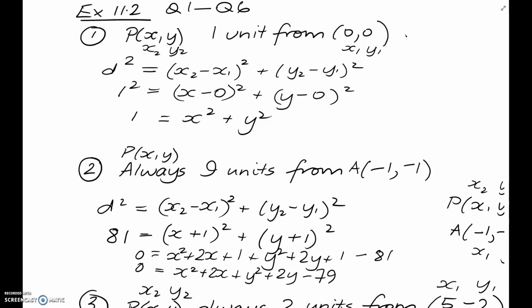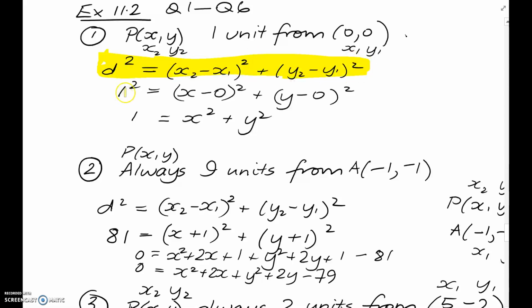Okay, so here's a little bit from exercise 11.2. In question 1, we need to find the locus of P, which is always 1 unit from 0, 0. So if that's talking about a distance, I'm using my distance formula, and I'm saying the distance between P and 0, 0 is 1.